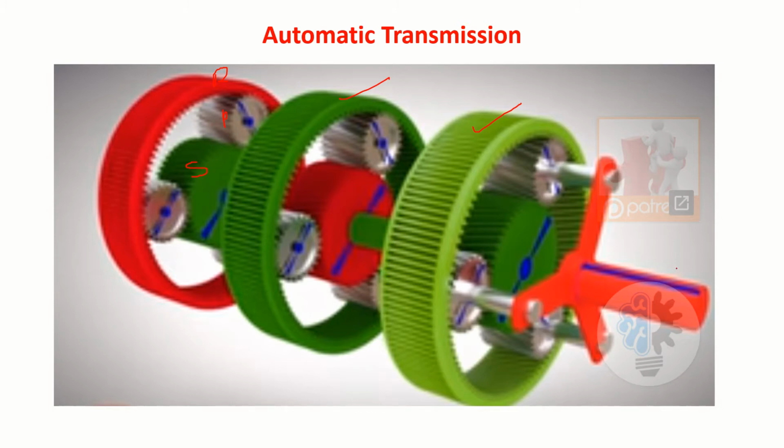Finally you can get the output over here. By different combinations, it is possible to obtain different speeds. So we will understand how exactly we can obtain different speeds in this automatic transmission system.